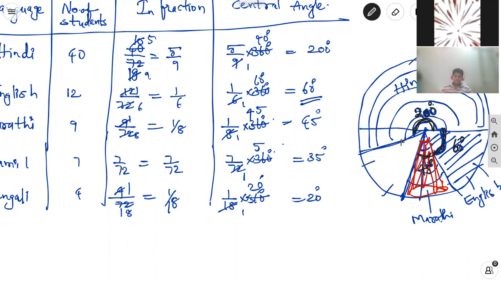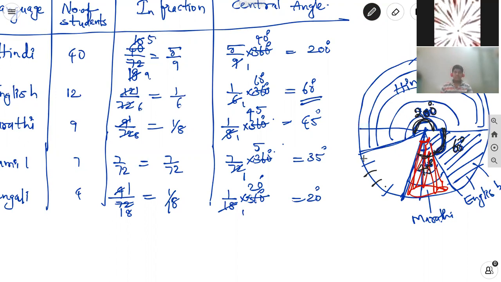Next, 35, 20. In this 15, this is 15. It's 10. This is 10 degrees. It's 15 degrees. This is 30 degrees. It is 30 plus 5. We are taking 1, 2, 3, 30 degrees.